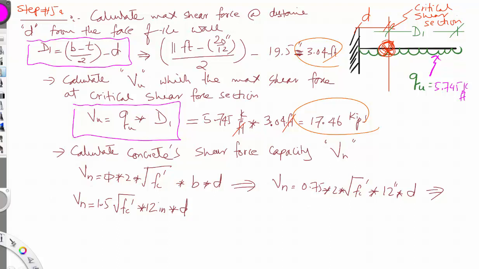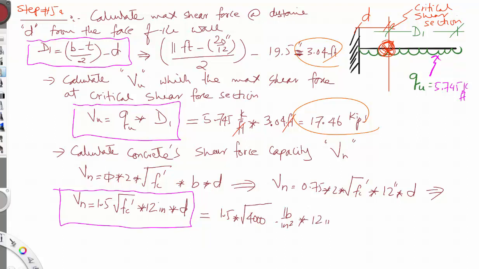So this will always be the equation. Now let's simplify this: it is 1.5 multiplied by the square root of 4,000 pounds per square inch, multiplied by 12 inches, multiplied by the depth, 19.5 inches from our calculation.